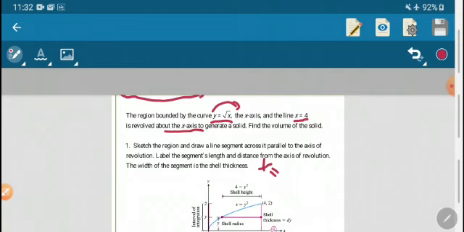After squaring, x becomes y squared. The line x equals 4 means you have to translate it 4 units to the right.